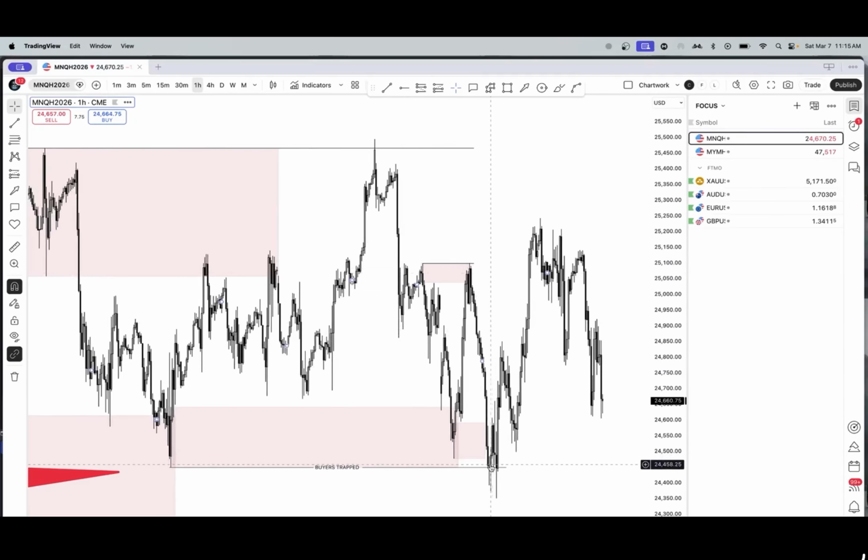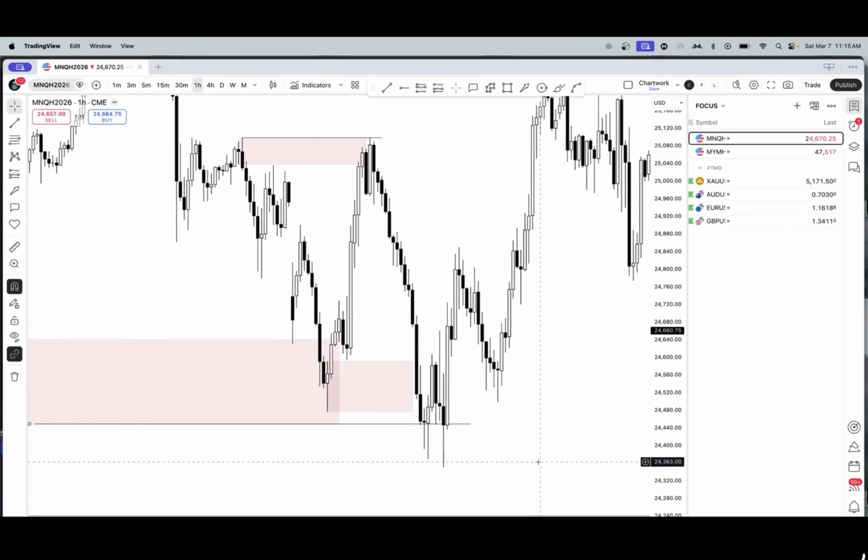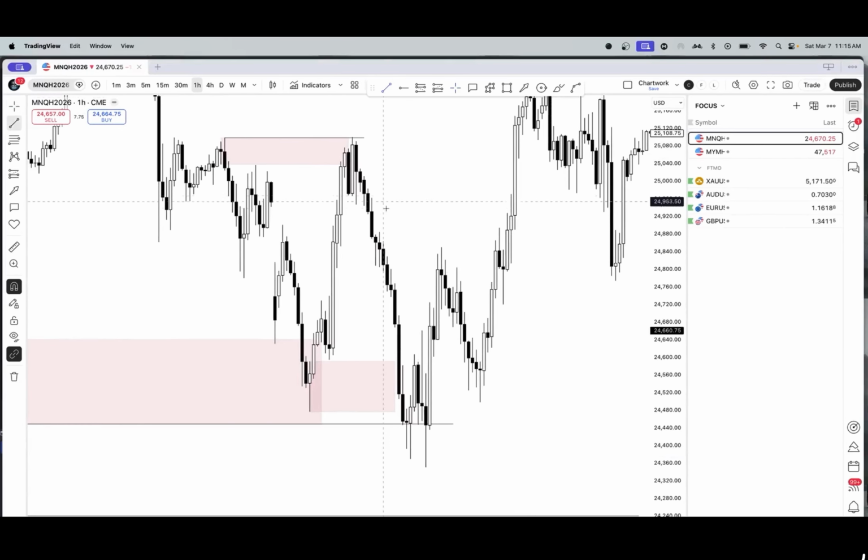So BOS to the downside, we see price respect this area. Notice how you could just grab the area candle that it's reacting off of. Sellers want to sell this price action because we had that BOS to the downside.